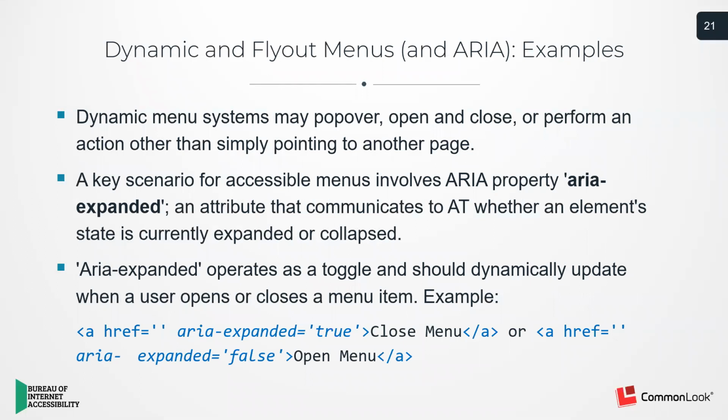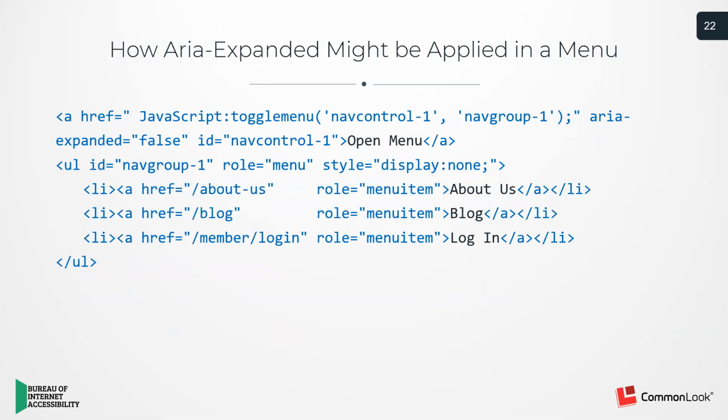So on the next slide here, next slide, sorry. So here's an example of a simple expandable menu list. Again, it's a little bit of code here, but it's relatively simple. The top line is the controlling link.